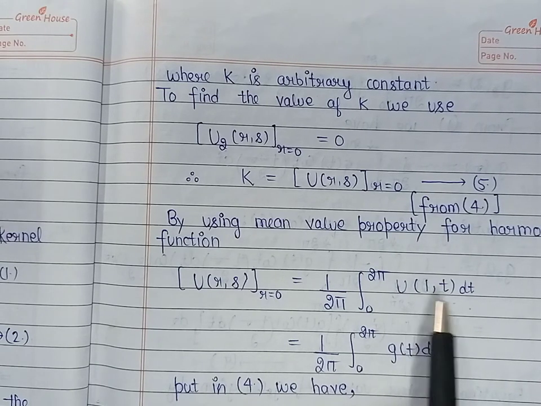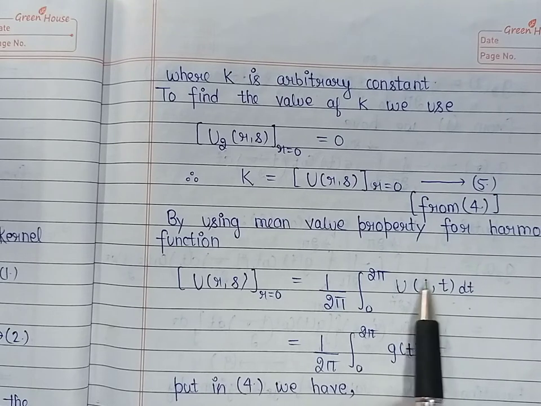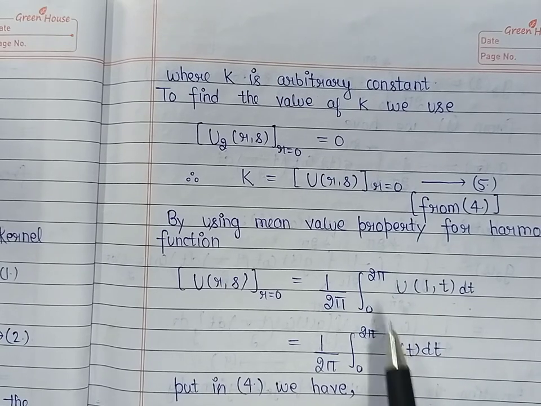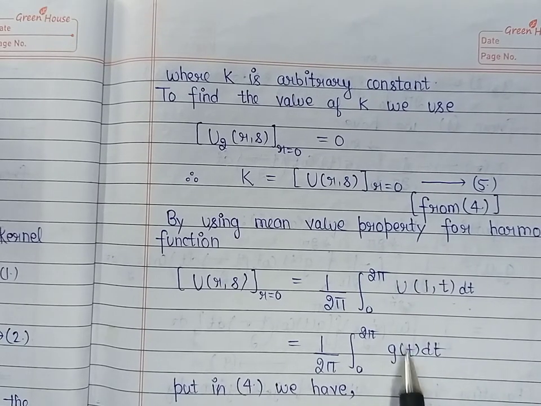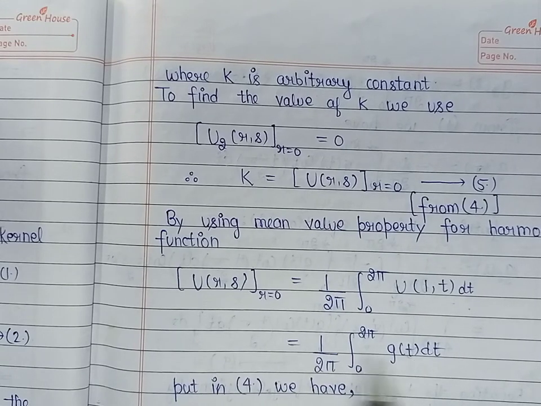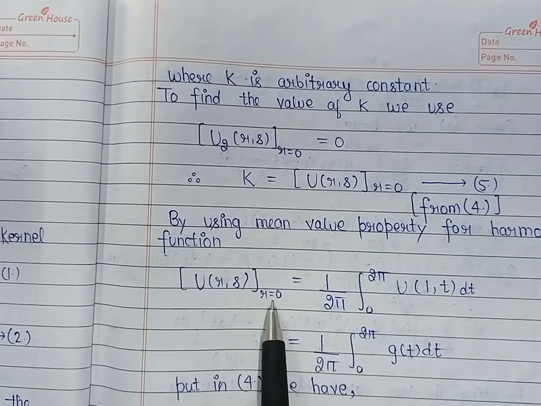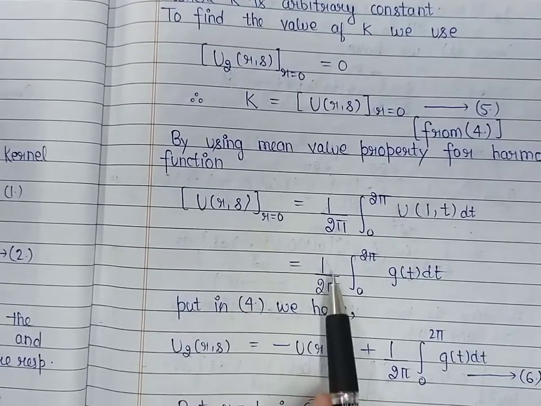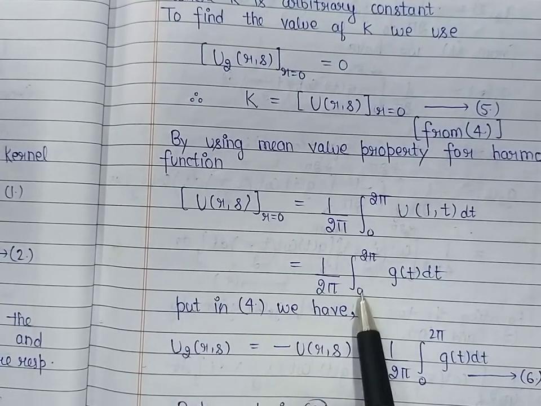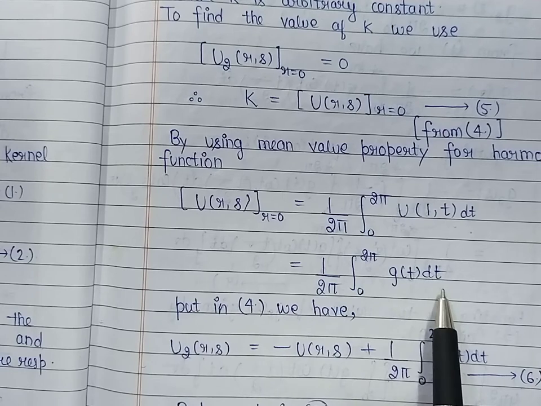As we already defined, the value of the function u on the circumference r equal to 1 is denoted by g, so this value becomes g(t). So the value of function u at the center of the disk is 1 upon 2 pi integral 0 to 2 pi g(t) dt.